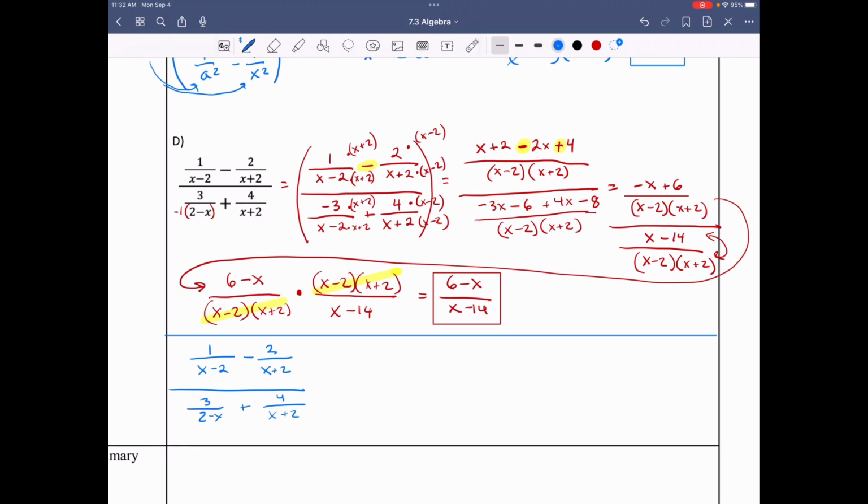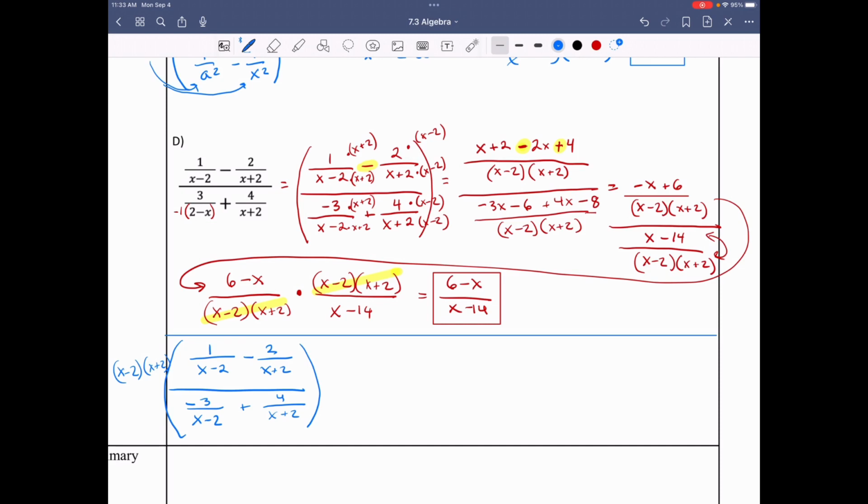And then the LCD for this, before I do that, I'm actually going to erase this one. And I'm going to make the 3 negative so that we can write the opposite, x minus 2. It's just going to make less work for us because then the LCD can just be x minus 2, x plus 2. Okay, so multiply the whole thing by x minus 2, x plus 2.